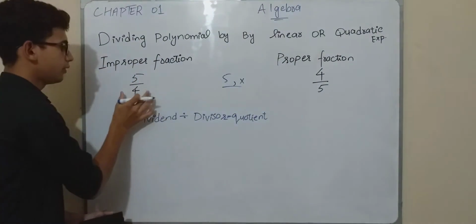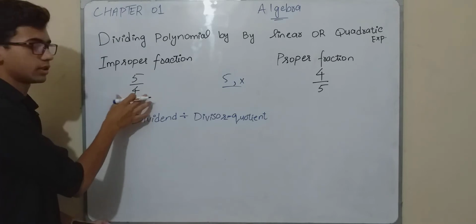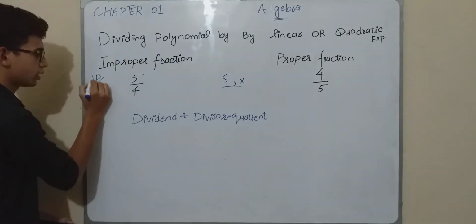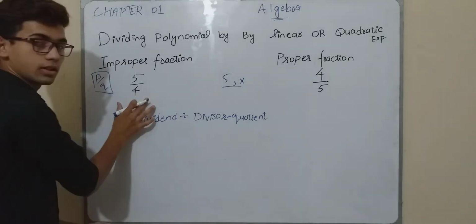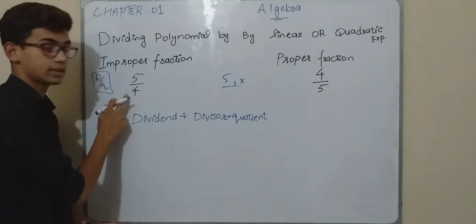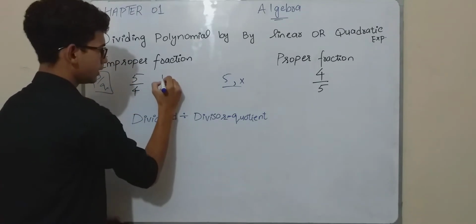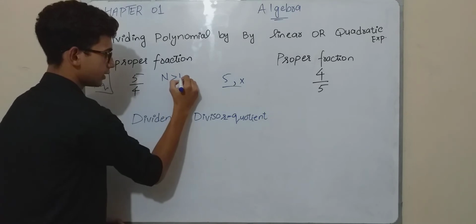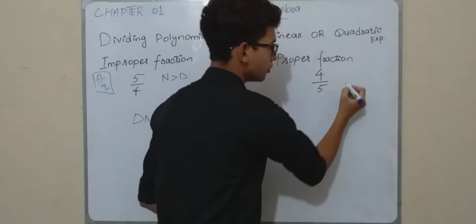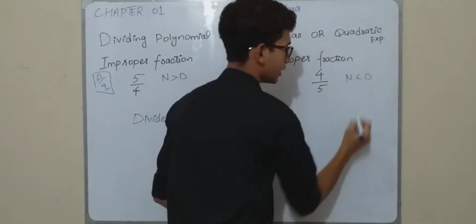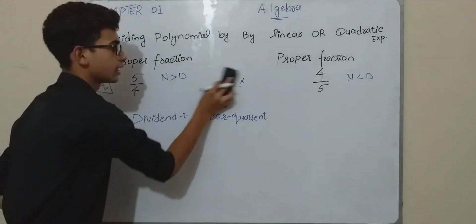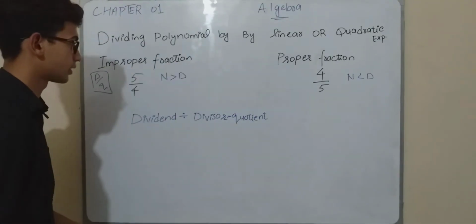If you notice, this fraction, well, actually this is a rational number, which means in the form of p over q. If the numerator is greater than the denominator, it is an improper fraction. But if you look at the proper fraction, the numerator is smaller than the denominator. This makes the clear difference between improper and proper fractions.